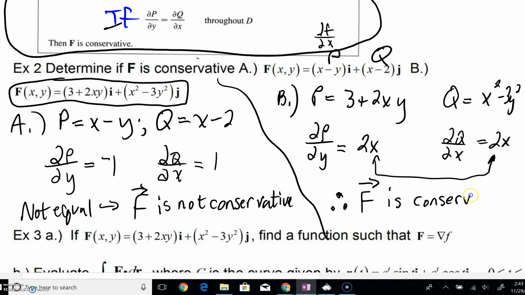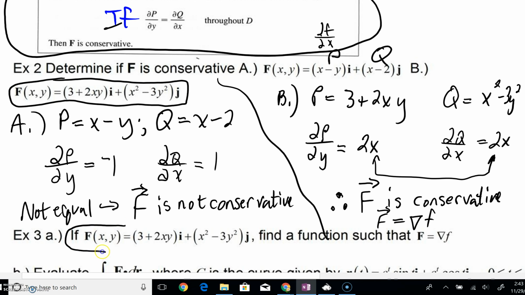What does it mean for a vector field to be conservative? That means that that vector field is equal to the gradient of some function f. And that is really where we're going with example 3. Example 3 is now going to follow up.